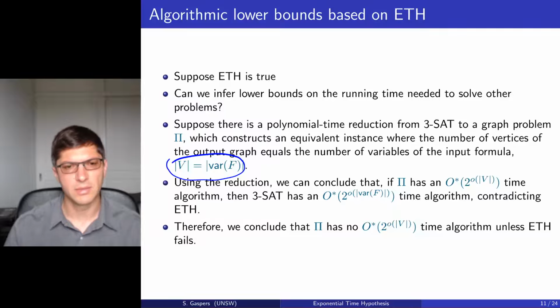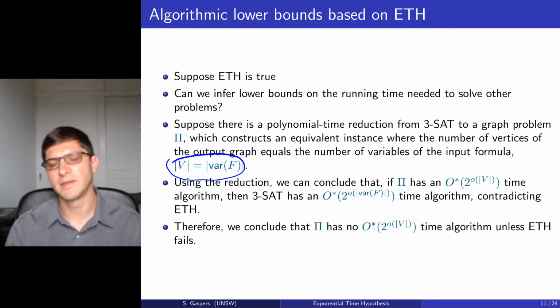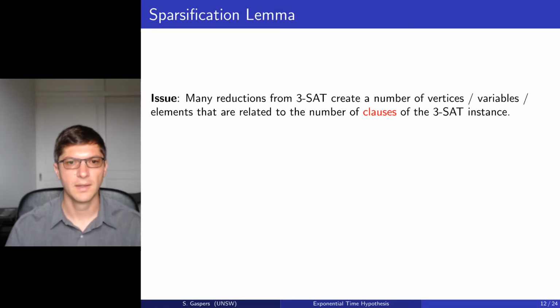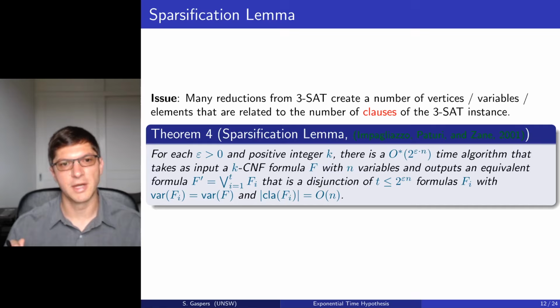And then we're in trouble because the number of clauses can be cubic in the number of variables. So it would be nice to have a variant of ETH where we say that even if our 3SAT formula has a linear number of clauses, then it can still not be solved in sub-exponential time. And that's where the sparsification lemma comes into play.